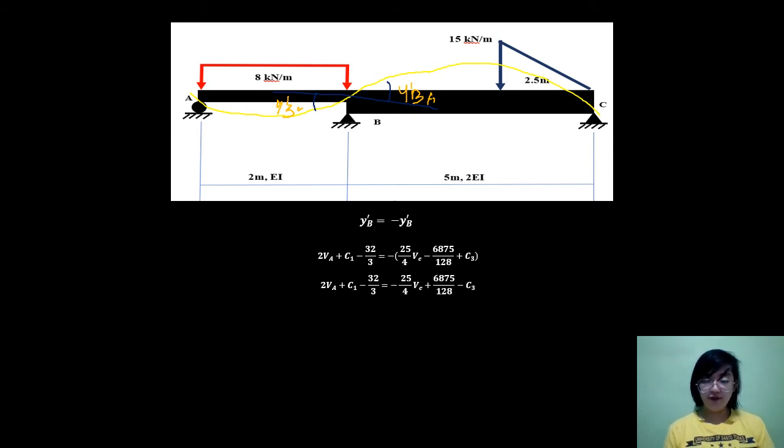Now, let's simplify the equation. We will have 2VA plus 25 over 4 VC plus C1 plus C3 equals 24721 over 384 as our third equation. So, we already have three equations.